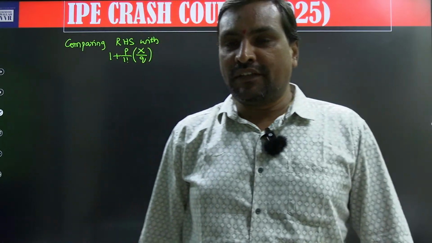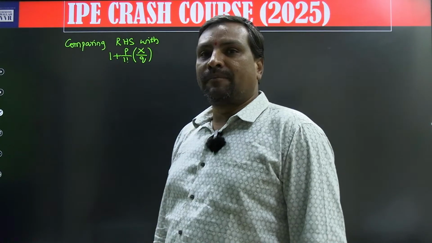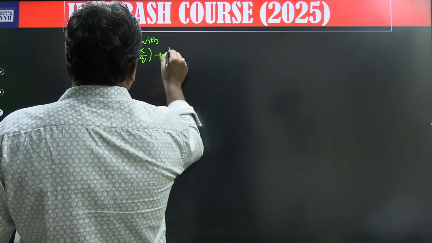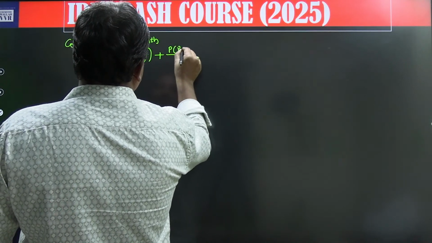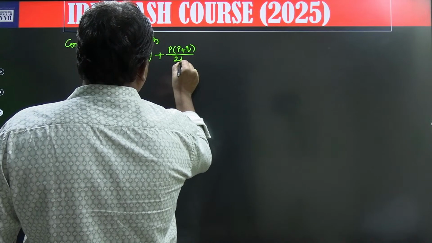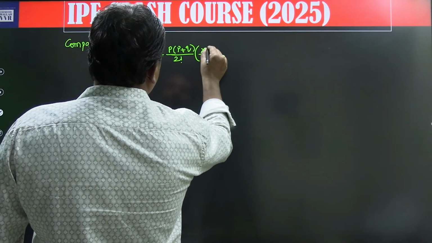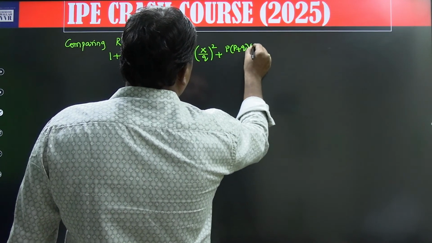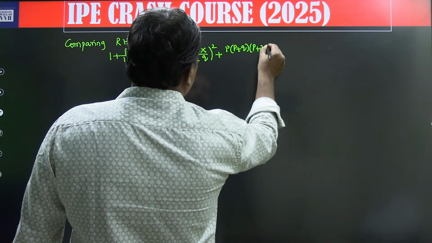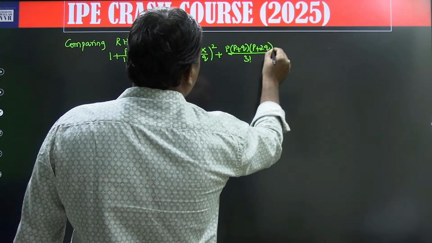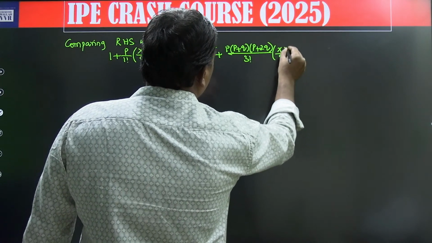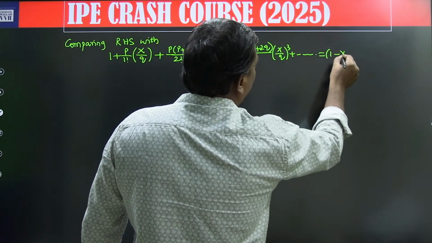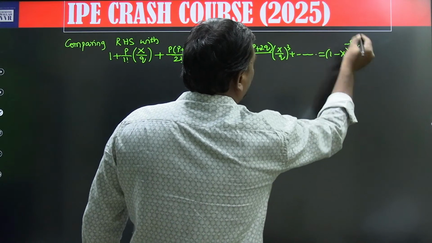This value is (1 - X) to the power of -p/q.